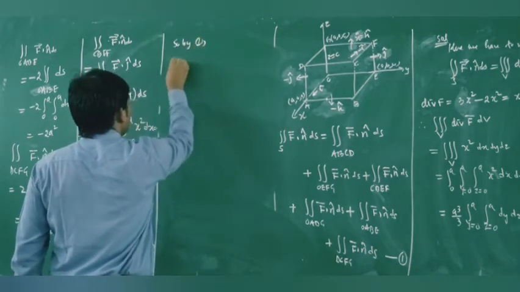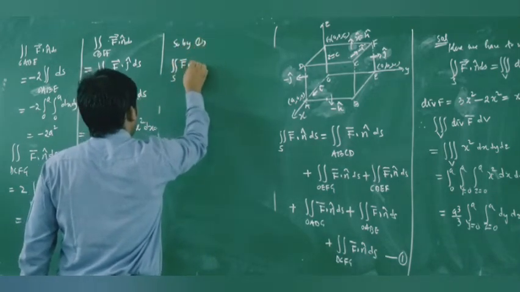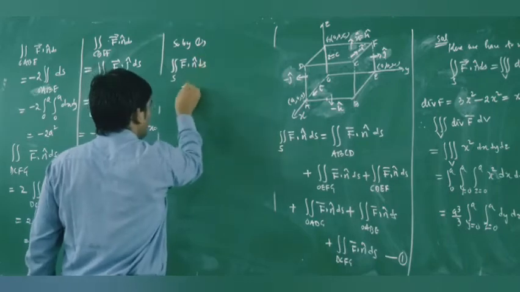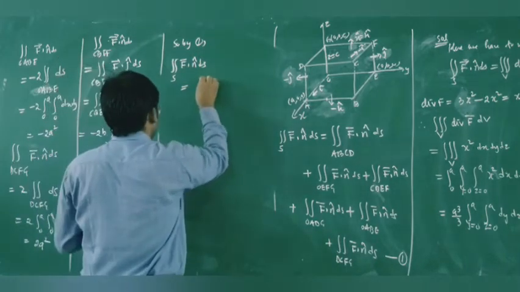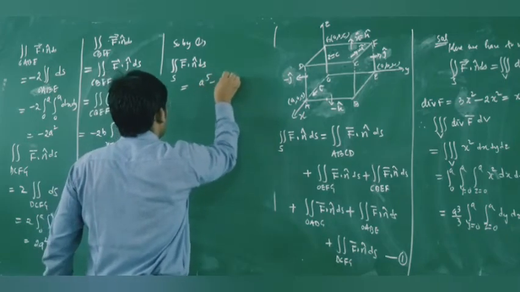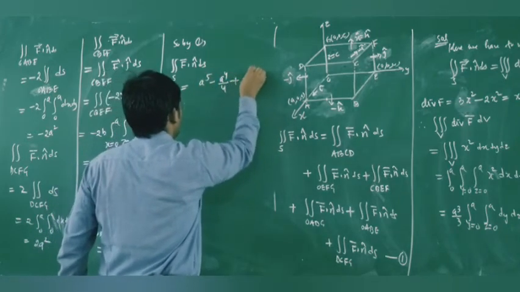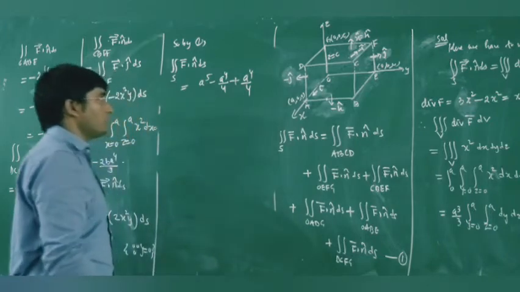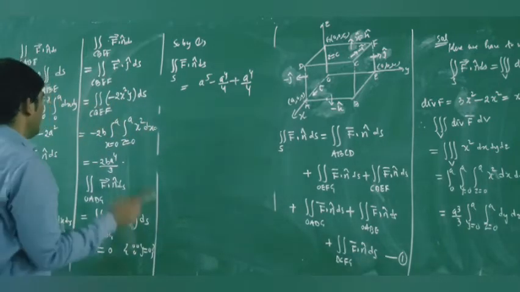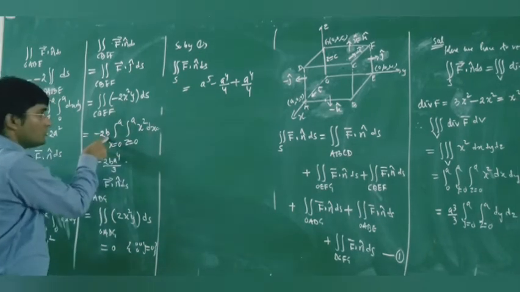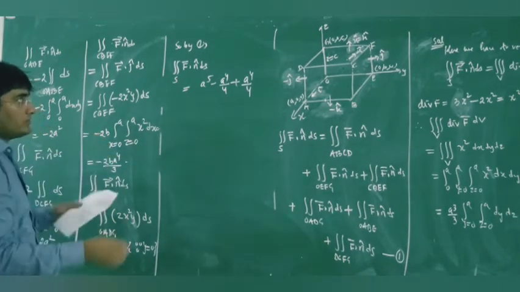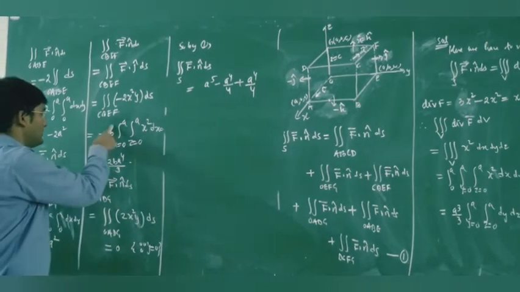So by 1, we have the surface integral f dot n ds equal to: your first integral was a power 5 minus a power 4 upon 4. Your second integral was a power 4 upon 4. Your third integral is minus 2 a power 5 upon 3, as a, b, c are equal to each other.